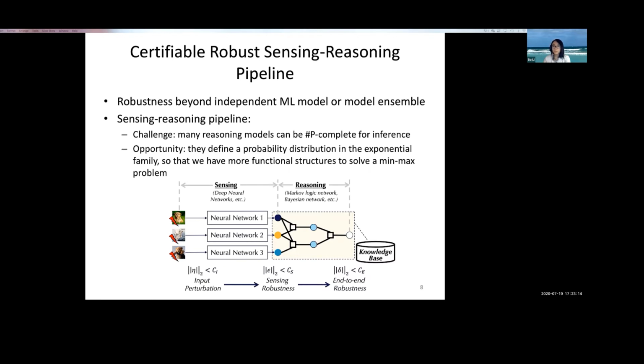However, this also gives us an opportunity, because many reasoning models define a probabilistic distribution in the exponential family, so we have more functional structure than in neural networks that we can leverage to potentially come up with robustness guarantees, which essentially makes the solution for a min-max optimization problem on top of the graphical model reasonable.